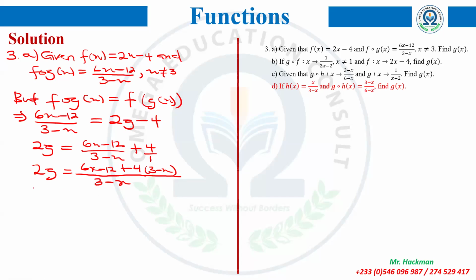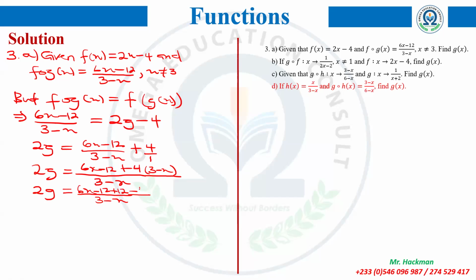Yes, please. So with this one, you can see that we have the concept now between us and our algebra. The denominator will be 3 minus x. That is intact. We go to the numerator, we need to expand. So 6x minus 12. This, if you expand, you get plus 12, then minus 4x.